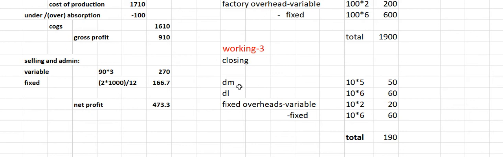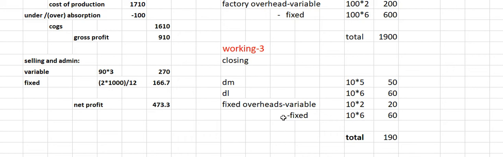Closing inventory includes direct materials 10 into $5 per unit, total 50. Direct labor 10 units into $6 per unit, so total 60. Factory overheads variable portion is 10 units in inventory into $2 per unit, so total $20. And fixed portion is 10 into 6, cost $60.